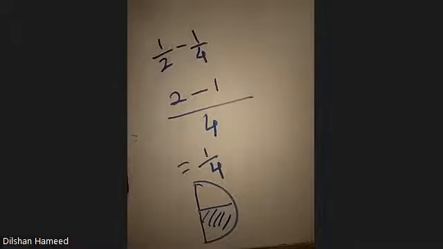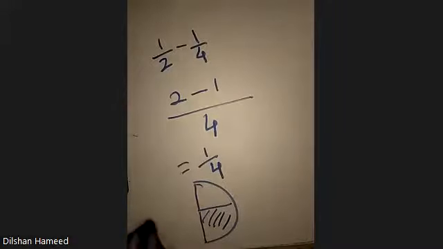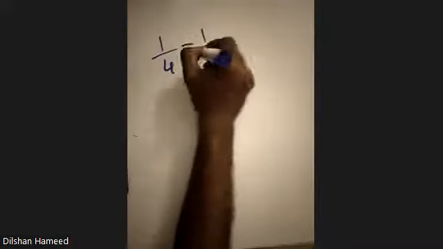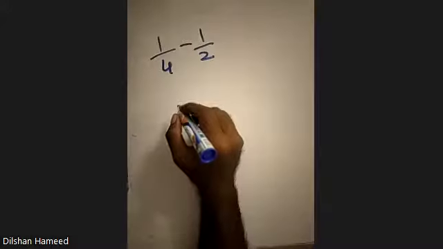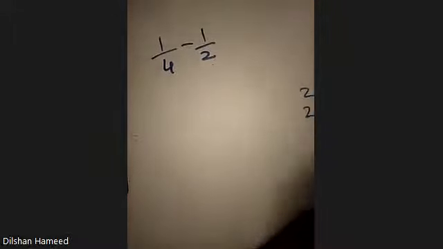Now, let us reverse the scenario. Quarter pizza minus, okay, forget the pizza for now. 1/4 minus 1/2. What you do is you find the LCM. How much is the LCM we got for 4 and 2? 4, right?